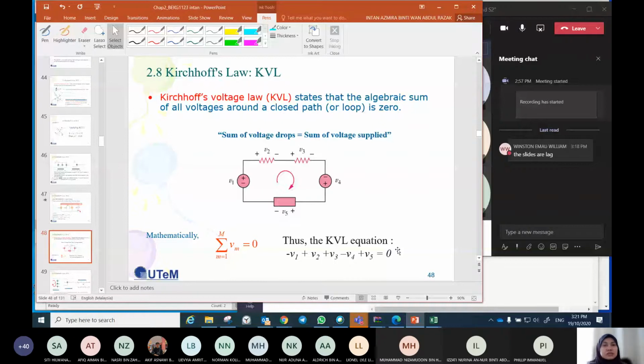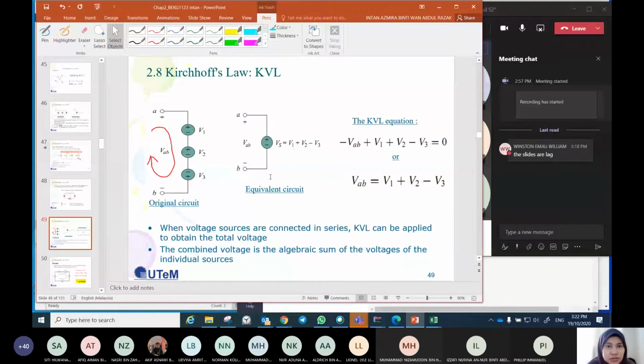Okay, can I understand? Yes. Okay, so I think you can, I have explained in my video, so hopefully you watch the video and can understand. So VAB is the terminal voltage that we want to find. VAB is equal to the summation of the voltage source V1, V2 and V3, but you have to consider the negative and positive sign of each voltage source.